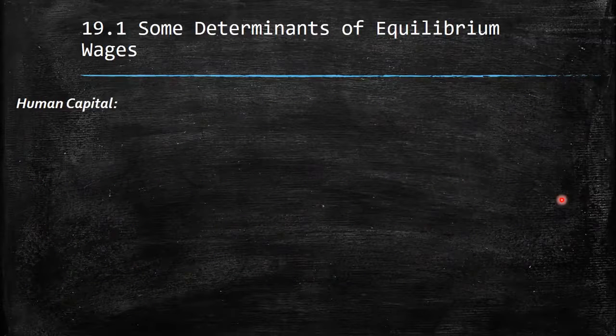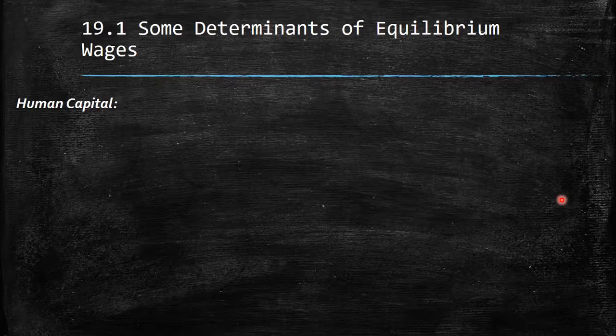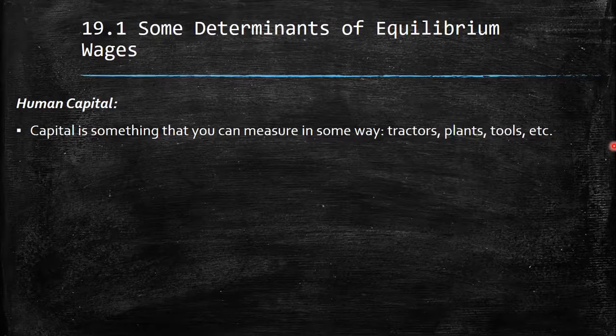Another important characteristic to explain why wages are different is definitely human capital. We have already heard about physical capital. Remember that physical capital is something that you can really measure. As an example, we can see everything you have in your company or where you work, or even in your faculty.